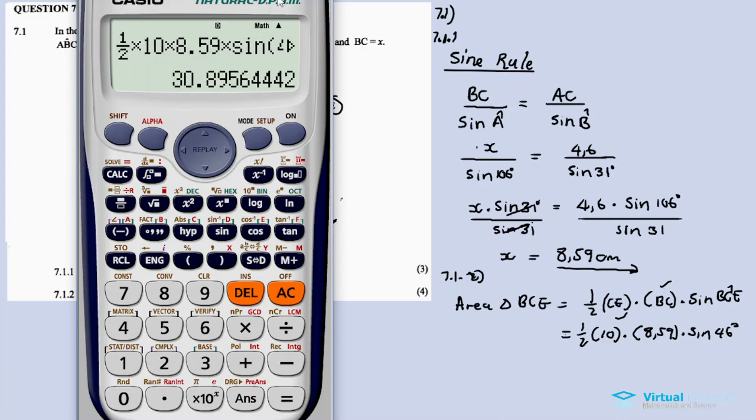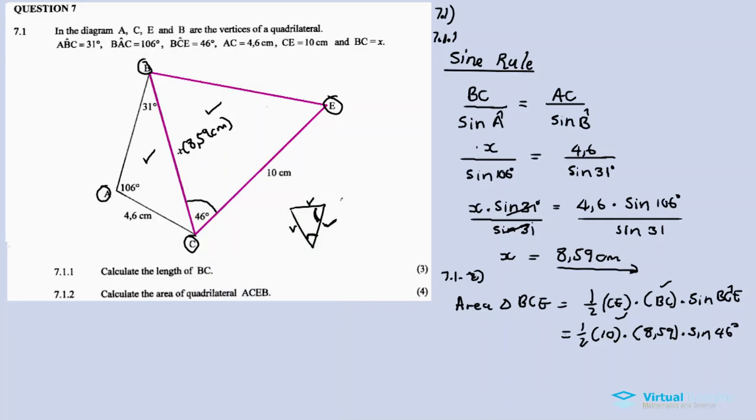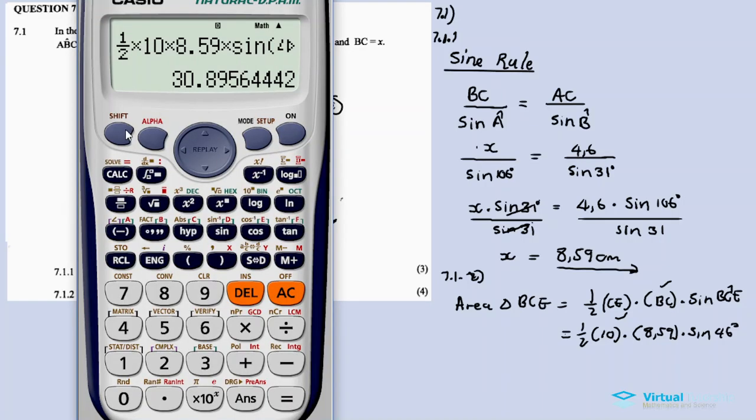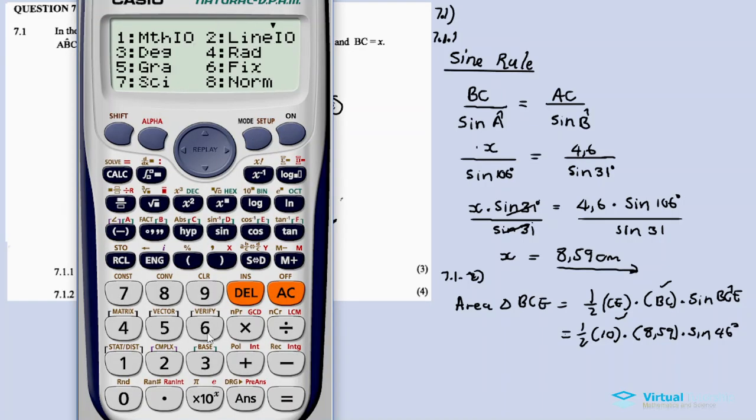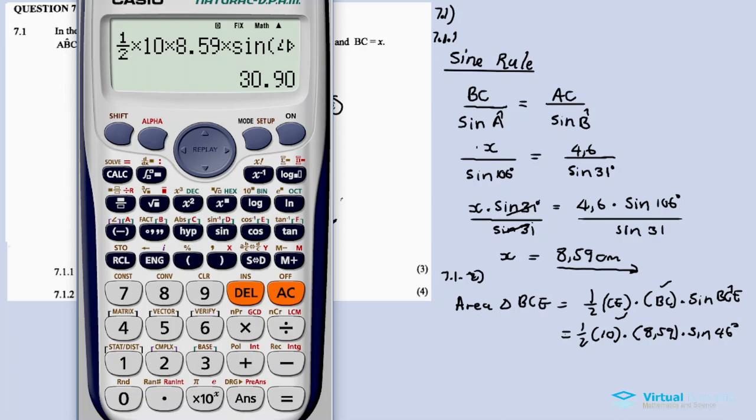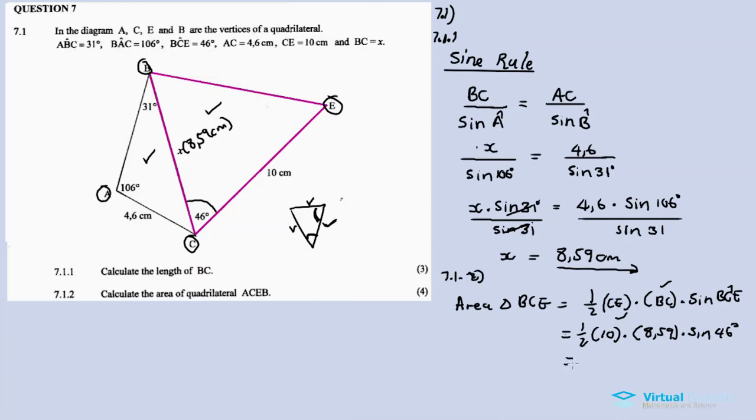Fixed to 2 decimal places, it is 30.90 centimeters squared.